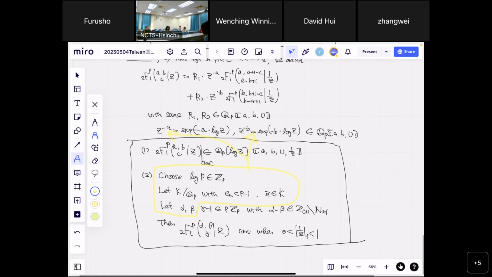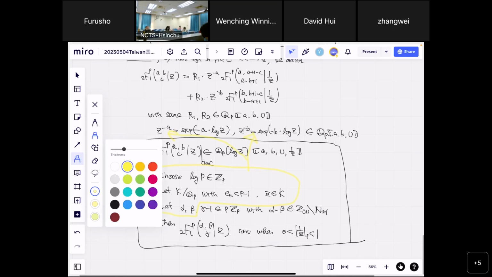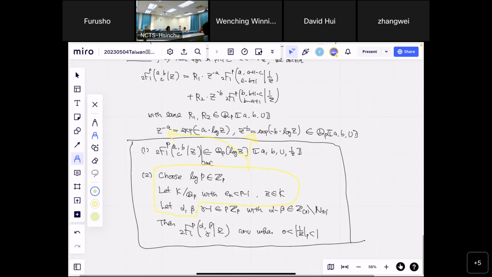And also, these two conditions are required to prove the convergence of these two things.